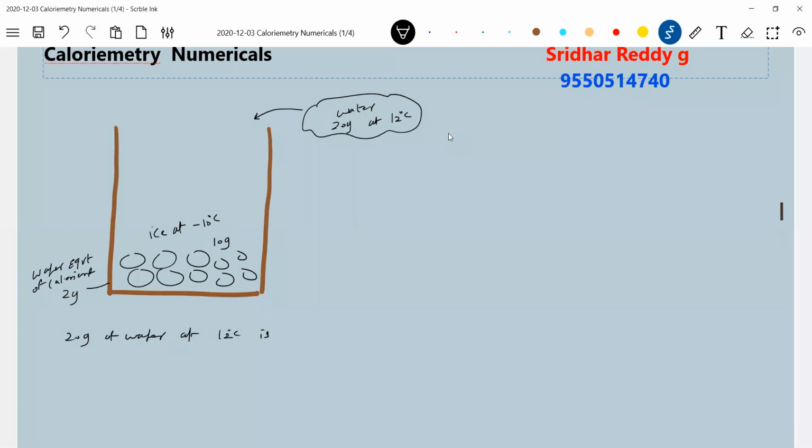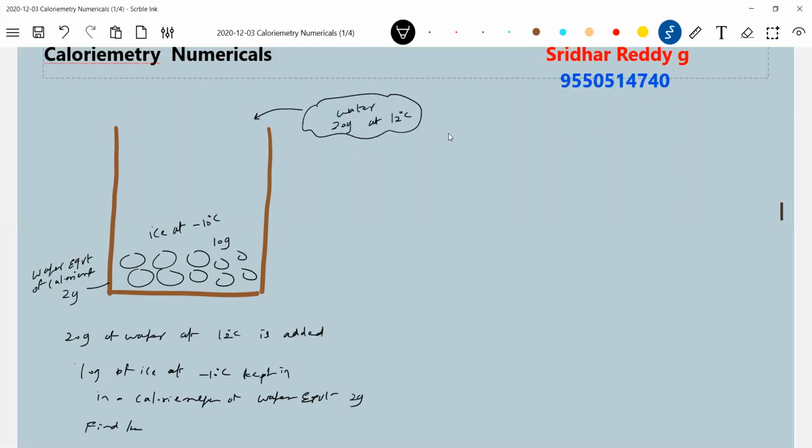At 12 degrees Celsius is added to 10 grams of ice at minus 10 degrees Celsius kept in a calorimeter of water equivalent 2 gram.